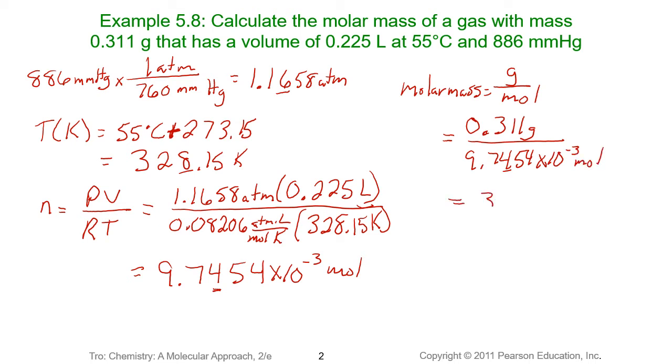We end up with 31.912 grams per mole. Now we might need a little more information to figure out exactly which gas this is, but if we knew it was diatomic, we could use the masses off the periodic table to determine that this potentially could be oxygen based on the mass that we found.